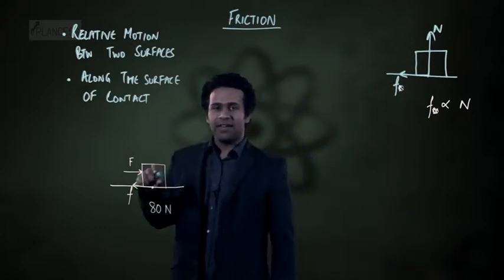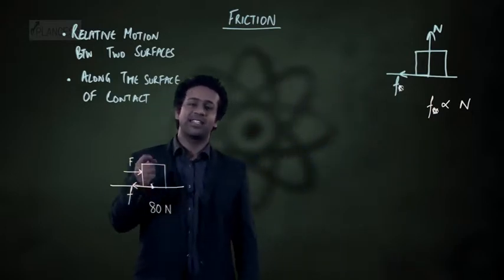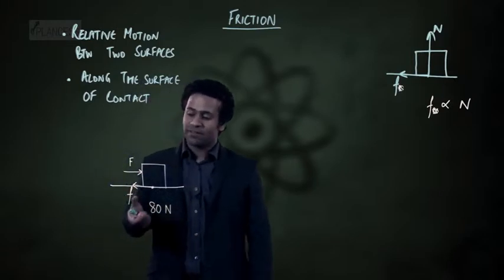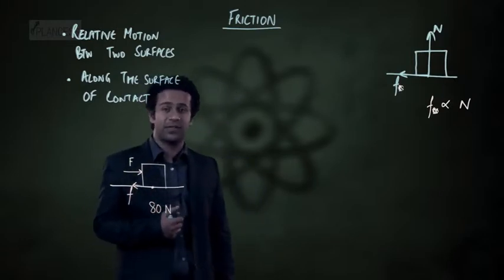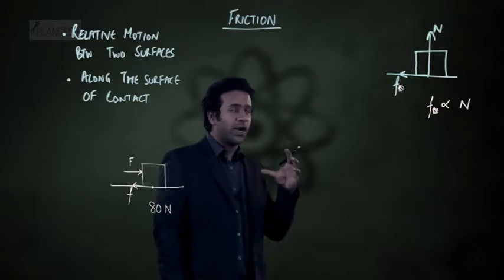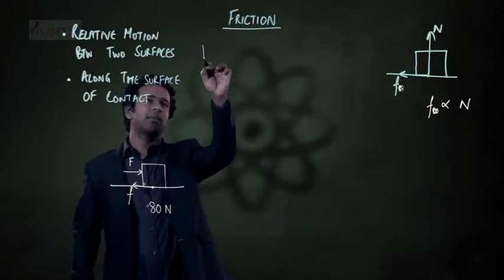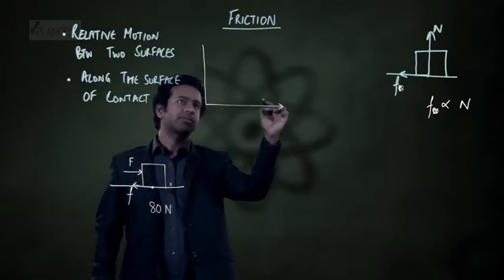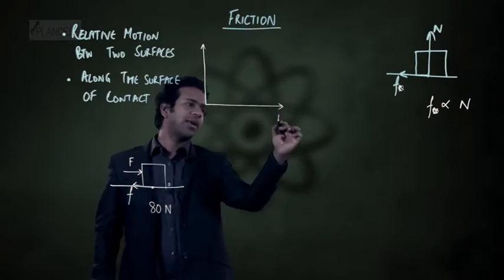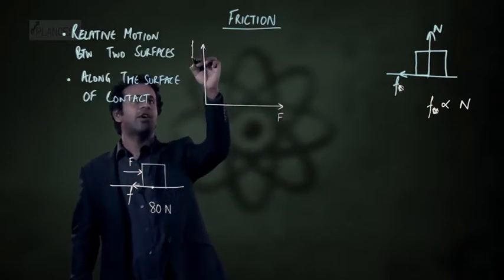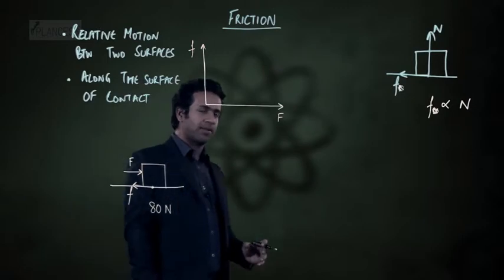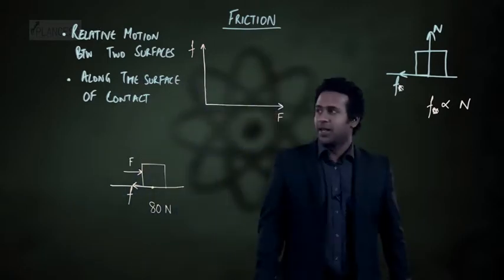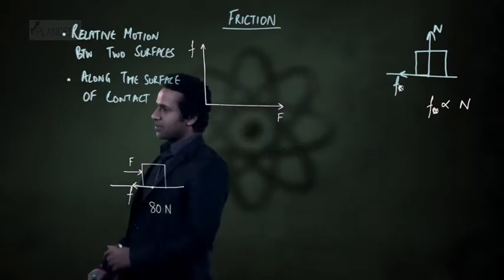So capital F is the amount of force that we are externally applying, and small f is the friction which the surface is offering. So let's draw a plot between the force applied and the friction offered. Right. So now let's first tabulate this.